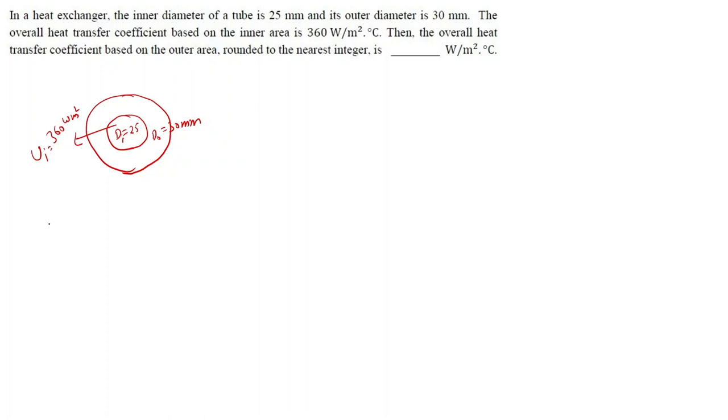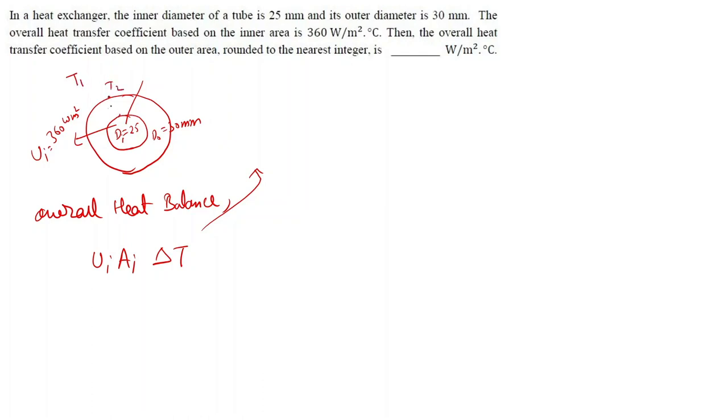Now if we write the overall heat balance across the heat exchanger, so that we can write it as overall heat balance. So it is given as UI AI into delta T, where delta T will be, so let's just consider if the ambient air temperature is T1, at the surface it is T2, at the surface it is T3, and here it is T4.